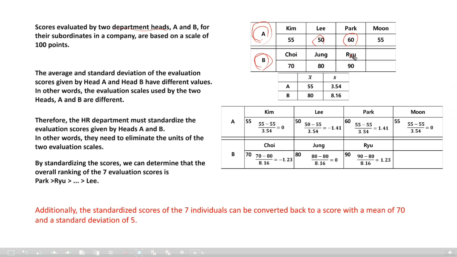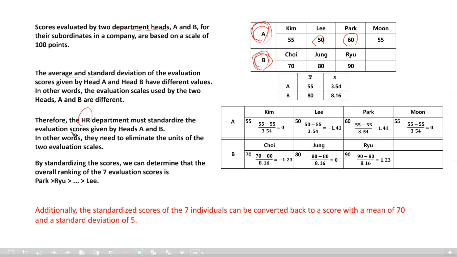So two different department heads A and B score on their own scale. So the average and the standard deviation of evaluation scores given by A and B have different values. Of course, different values because those two persons A and B have different scales for scoring. In other words, the evaluation scales used by A and B are different.